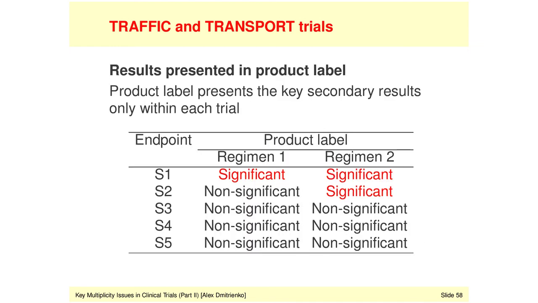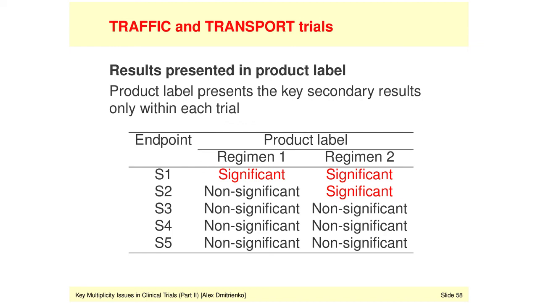Unfortunately, when we look at the final set of results from the traffic and transport trials, we realize that the product label presents the key secondary results only within each trial, and those results are summarized in this table.